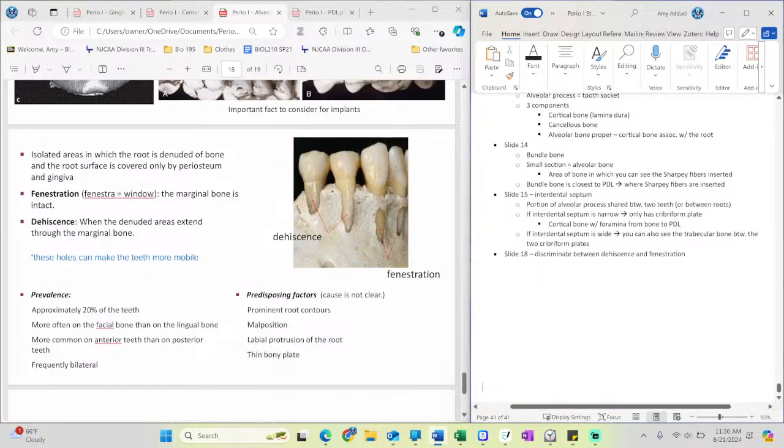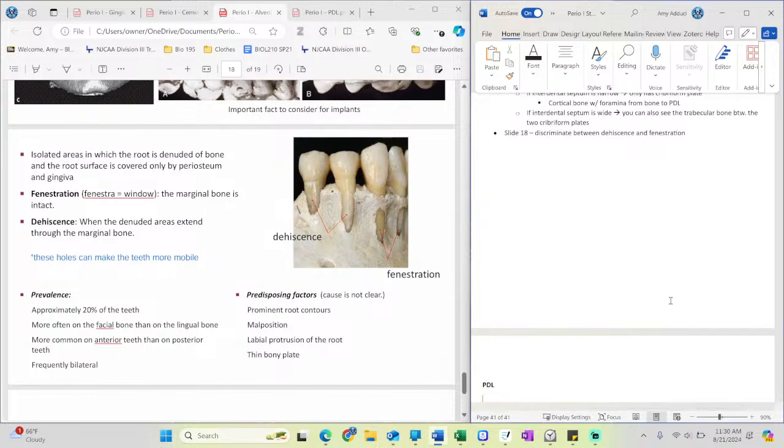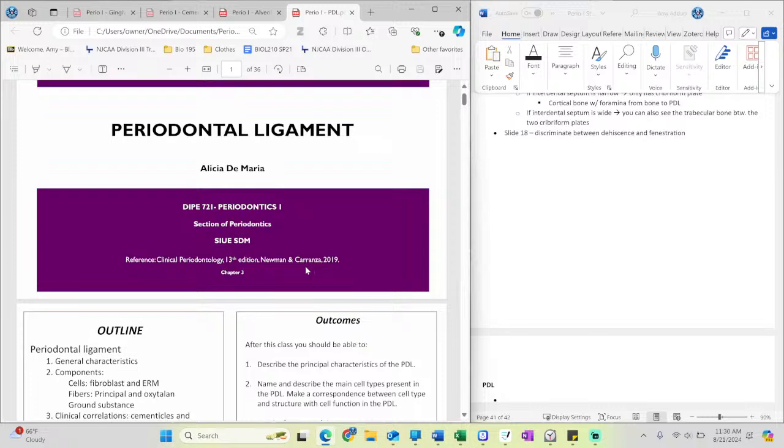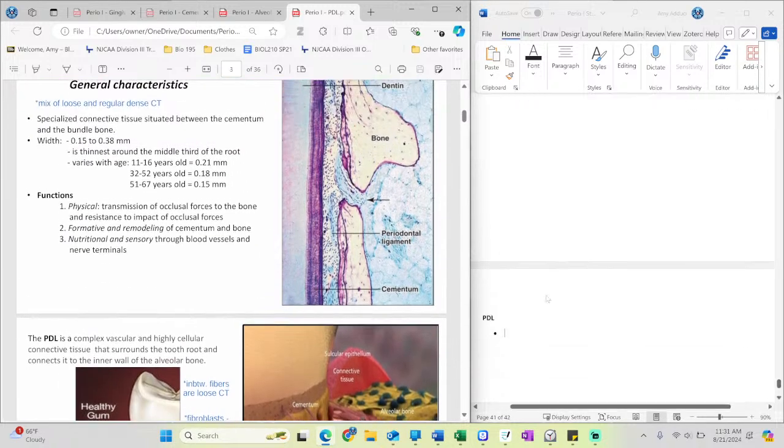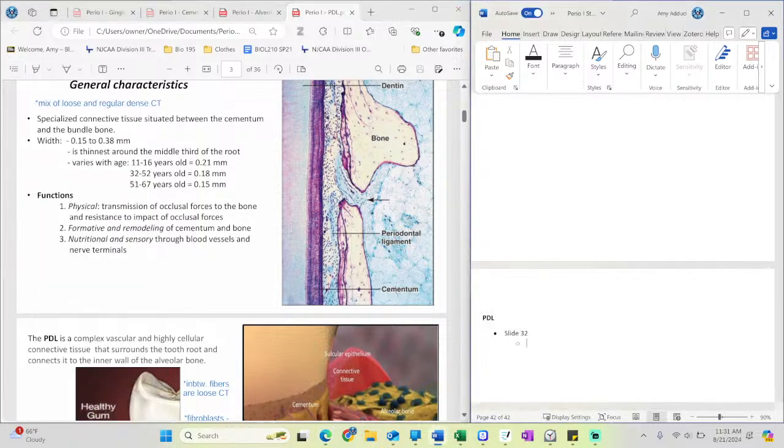What is important here for the PDL? You have to remember the average width. The average width of the PDL is between 0.15 and 0.38 millimeters. Okay? You need to know that it changes with age. The older we are, the thinner the PDL becomes.